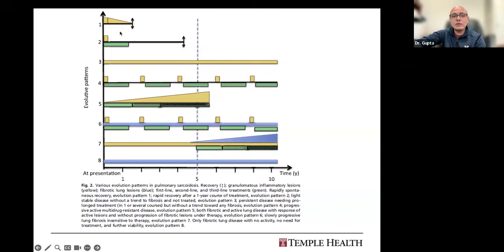So how the disease evolves: on the x-axis is time, and the y-axis is the evolution of the disease. In yellow is inflammation, green is treatment, and blue is fibrosis. Bear with me a little bit. This is a little bit complicated, but we'll make it easier.